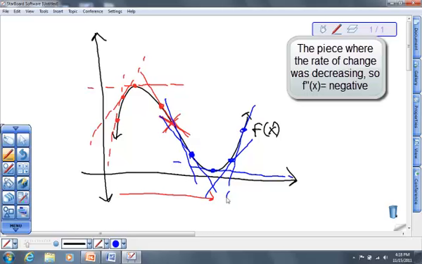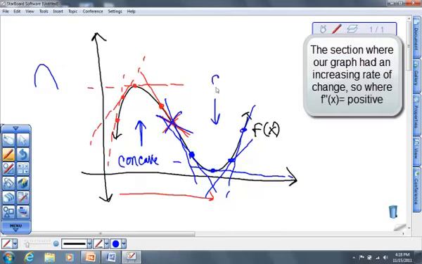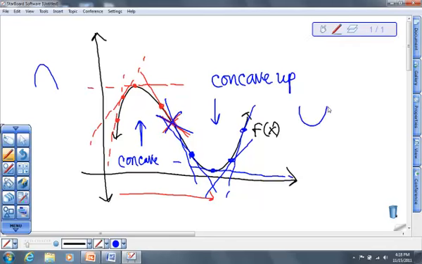What we call this piece right here was concave down. It's like if you drew a cave, it would open the normal way, it would open down. So concave down versus this section right here, starting at this X, that's what we call concave up, because it's kind of like a bowl facing up, bowl up. So what we have are concave down and concave up.